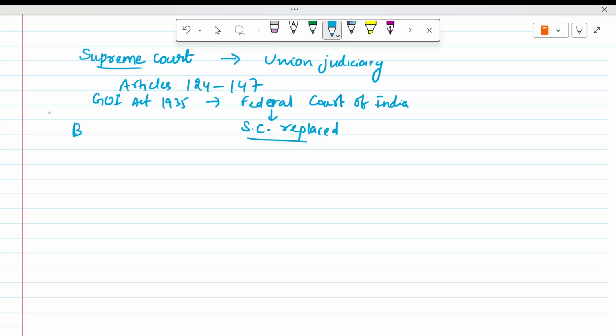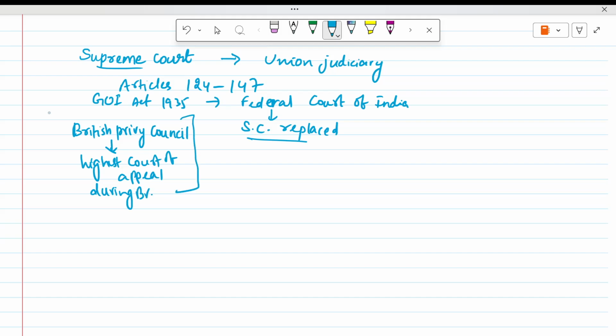There is also the British Privy Council, which was the highest court of appeal during British time. The Supreme Court replaced this one also. So the Supreme Court replaced these two. Finally, on 28th January 1950, the Supreme Court was inaugurated.